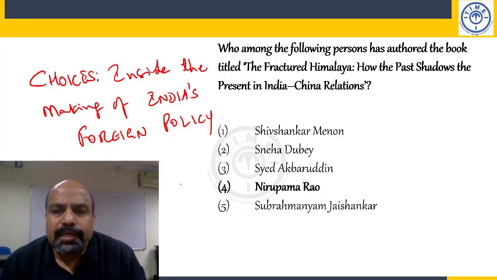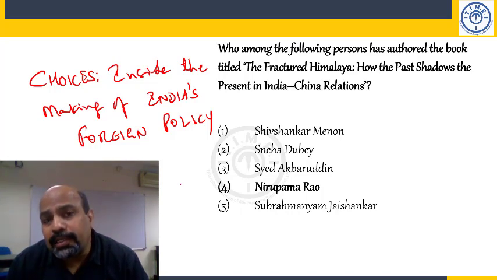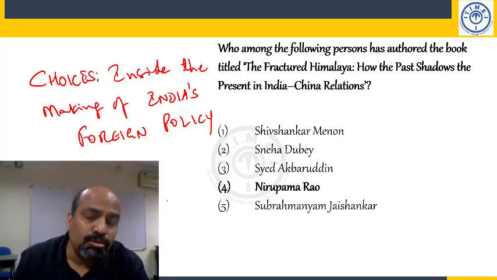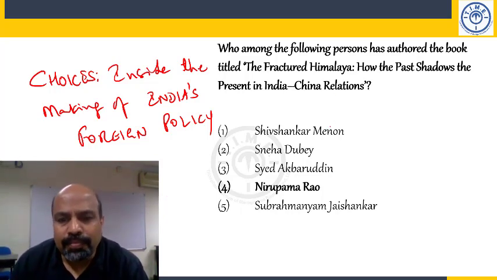He was India's foreign secretary for a long time, and also India's national security advisor. He was national security advisor between 2010 and 2014, and before that foreign secretary between 2006 and 2009. You don't require those years.